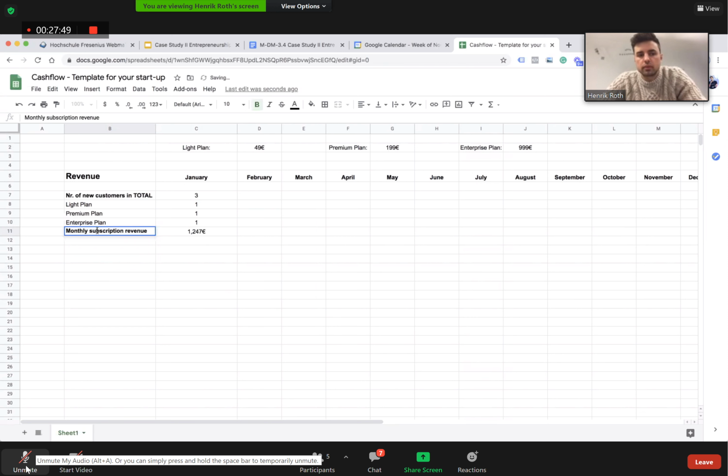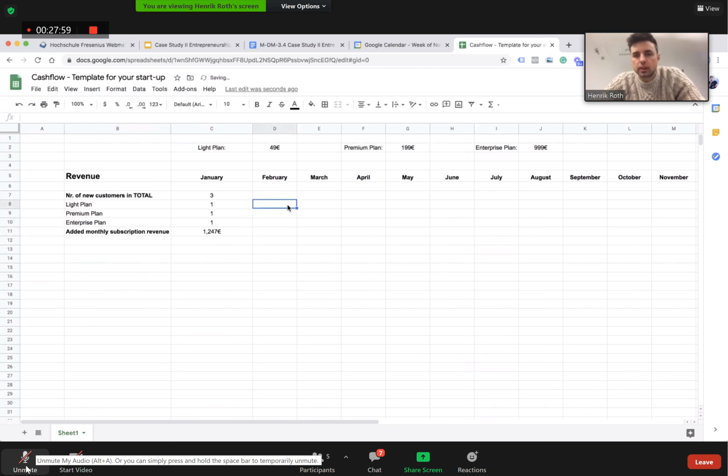And then this revenue here is just the added monthly subscription revenue. Because if we now say in February, we will get 2 light plan customers, we will get 3, and that's very random now. I will explain later how you can measure this better. We will just move this here, and this here as well.